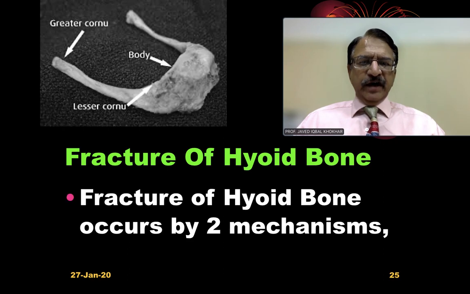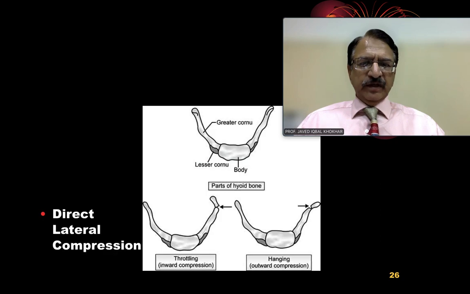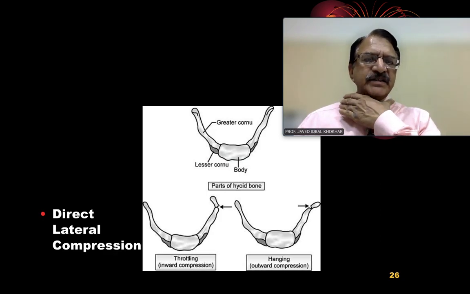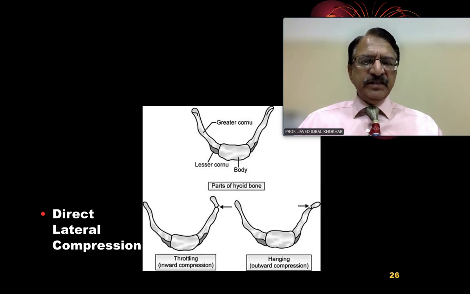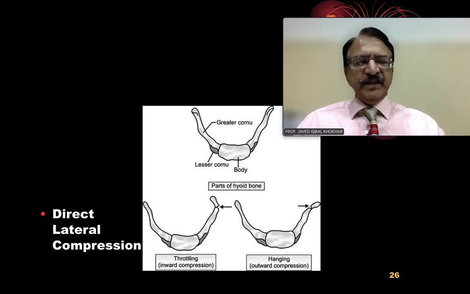In the fracture of the hyoid bone, two mechanisms are involved. The first one is direct lateral compression, as in manual throttling, and this will cause the fractured segment to be displaced inward.